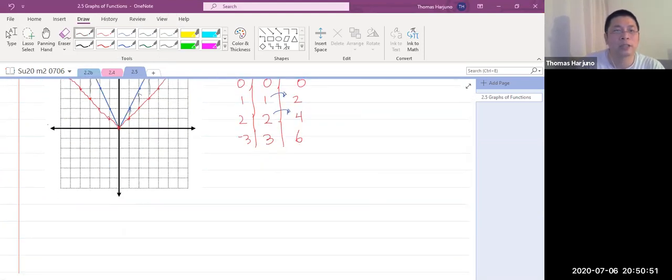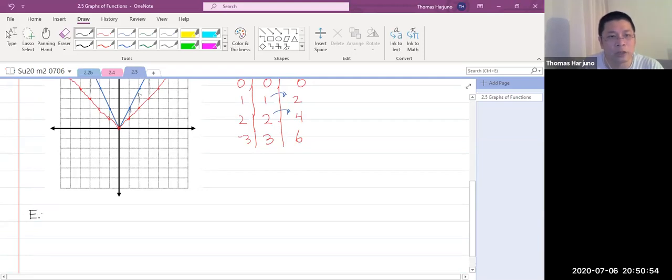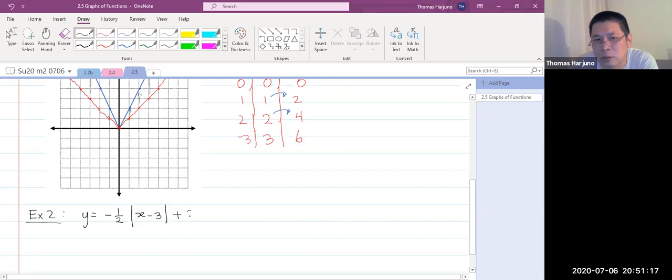So let's experiment with this. I know this is quite complicated, but some students found it to be fun. So I hope you can find some fun here. Okay, so let's say I have y equals negative 1/2 absolute of (x minus 3) plus, let's say, plus 2. There are actually 4 movements here.